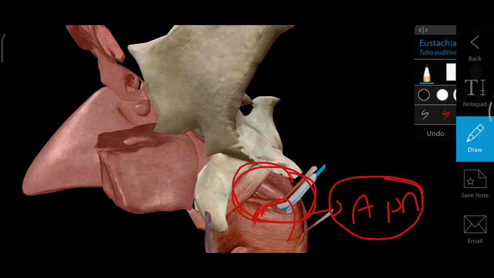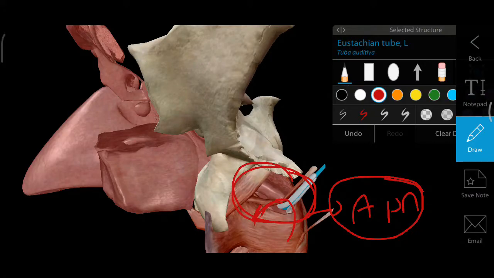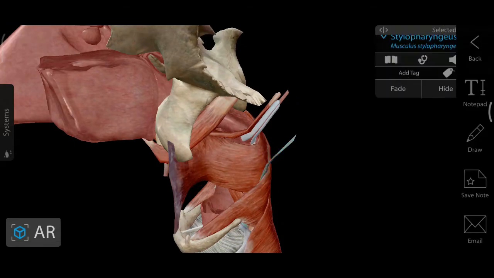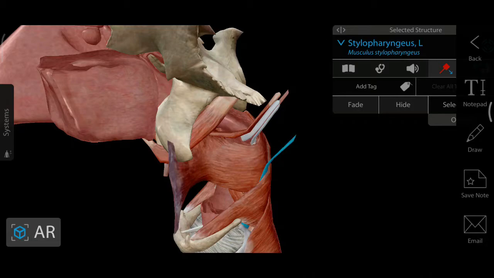So now we're going to see the structures that are passing between the superior constrictor and the middle constrictor. The first structure passing between the superior constrictor and the middle constrictor is the stylopharyngeus muscle. Okay guys, I'll tell you one thing.